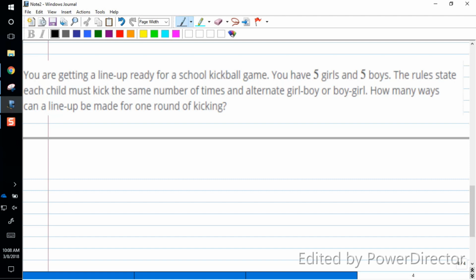You have 5 girls and 5 boys. The rules state each child must kick the same number of times and alternate girl-boy or boy-girl. How many ways can a lineup be made for one round of kicking?